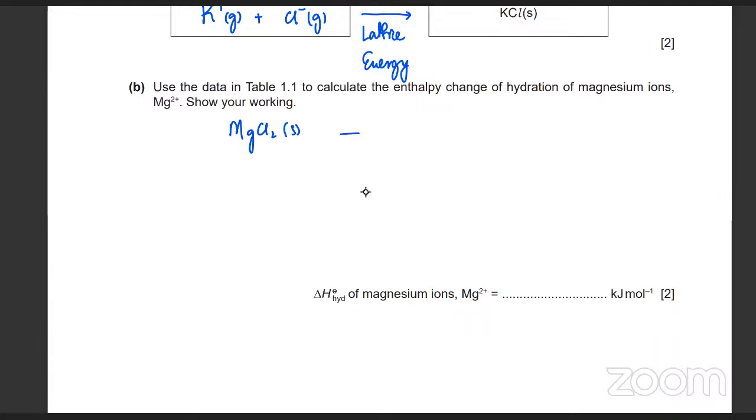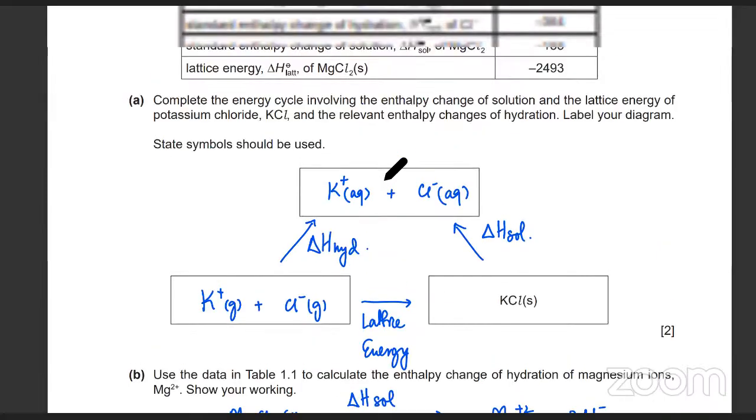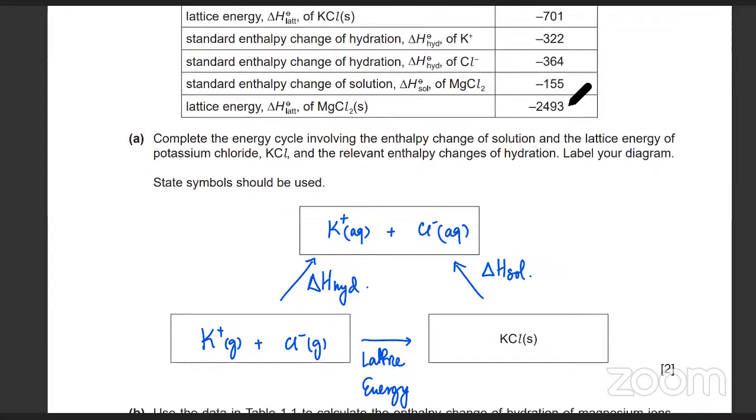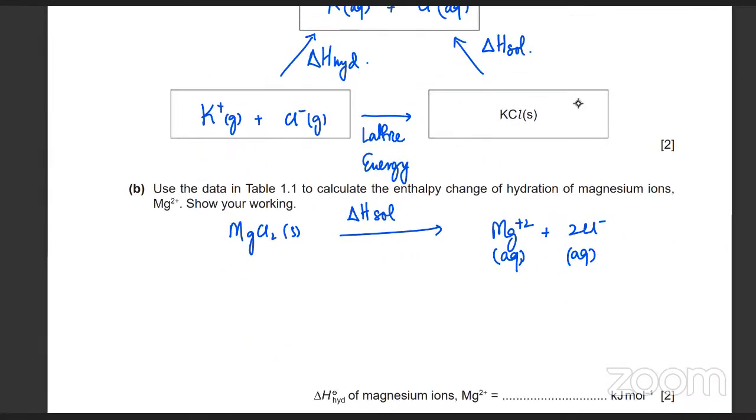It will turn into aqueous ions, dissociated, so you've got 2Cl minus 1 aqueous. This part is delta H solution, and that value is given in the question. Enthalpy change of solution of MgCl2 is minus 155.